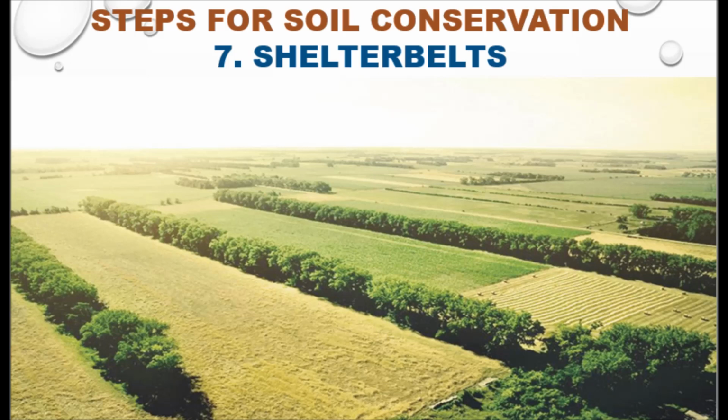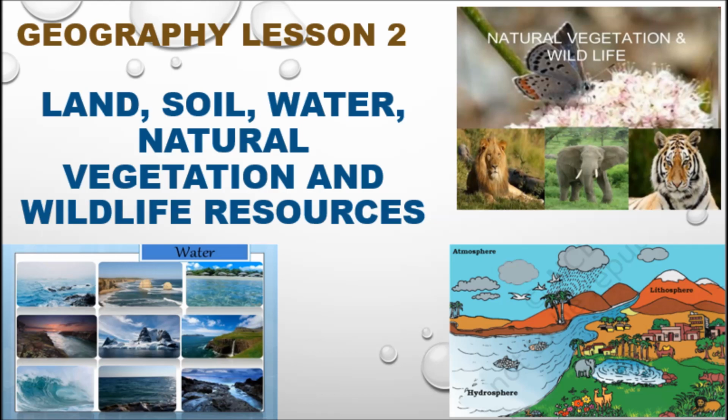Under shelter belts, rows of trees are planted in the coastal and dry regions to check the wind movement in order to protect the soil cover. Hence, the adoption of these methods will help in stopping soil erosion, and it will promote the most economic use of soil. With that, I conclude the first part of this lesson.